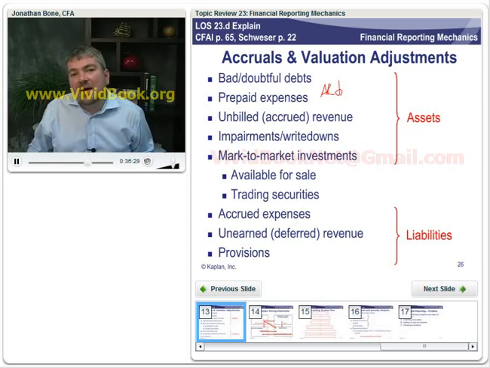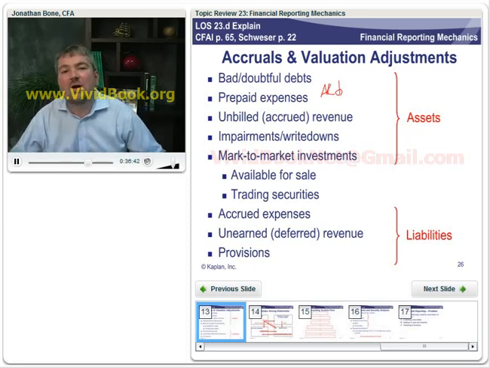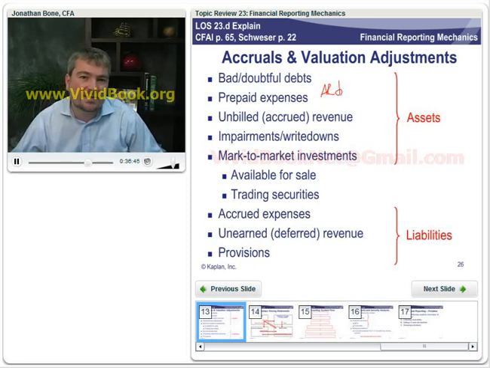Now, if the company knows it's incurred those expenses, it's going to have to put that expense in its income statement and create an accrual in its balance sheet, which is a liability. So, for any expense which you know you've incurred, but you've not yet received the invoice, you're going to create an accrual in the balance sheet, and you put an expense in the income statement.